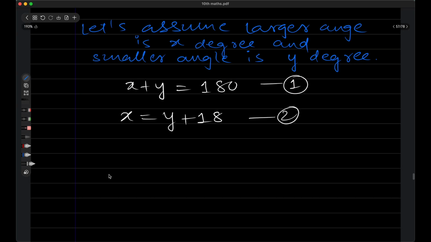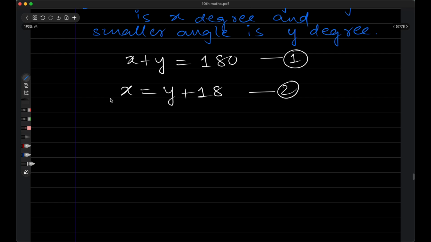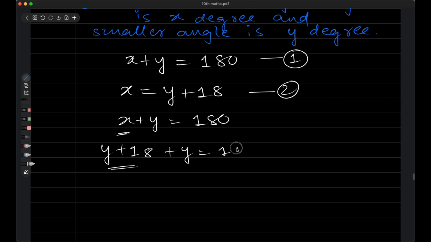Now using the substitution method, let us put value of x in the first equation. We have x plus y equals to 180. x equals to y plus 18, so y plus 18 plus y equals to 180 degree.